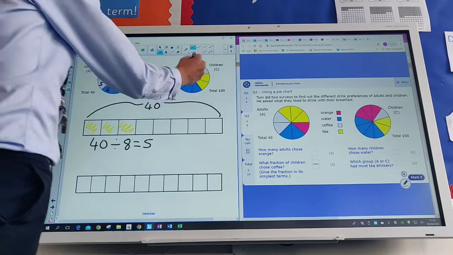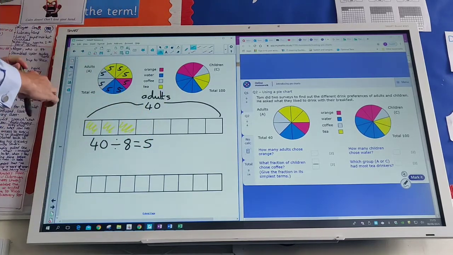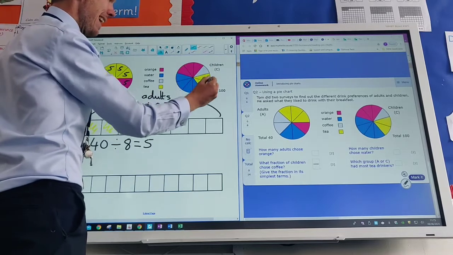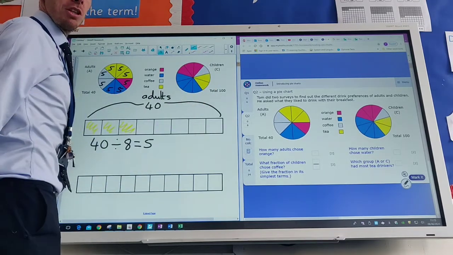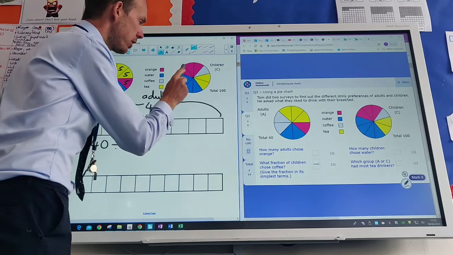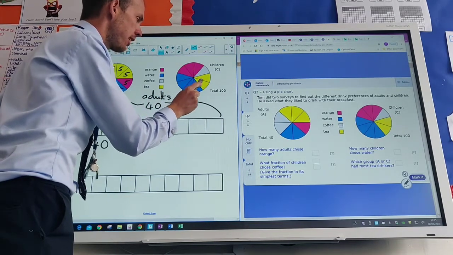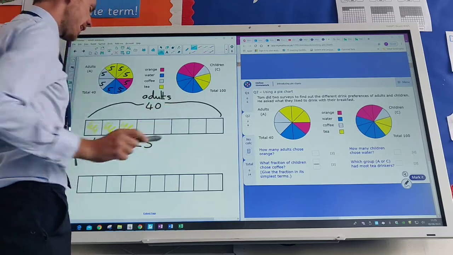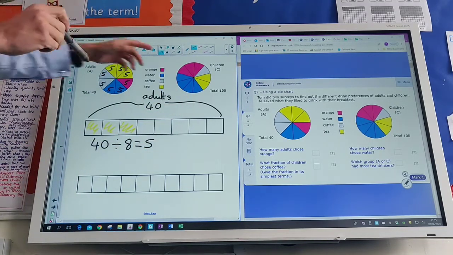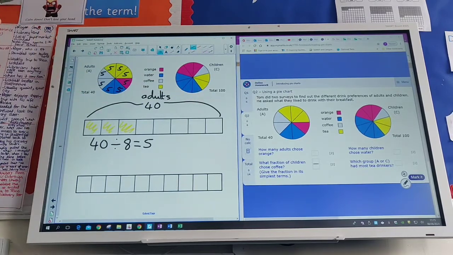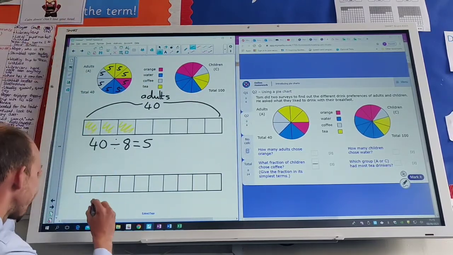Now we look at the ones with children. Now this is slightly different because you'll have to count the parts of the pie chart. So maybe you could do that with me. 1, 2, 3, 4, 5, 6, 7, 8, 9, 10. So in total there are 10 parts, but we've got 100 children.